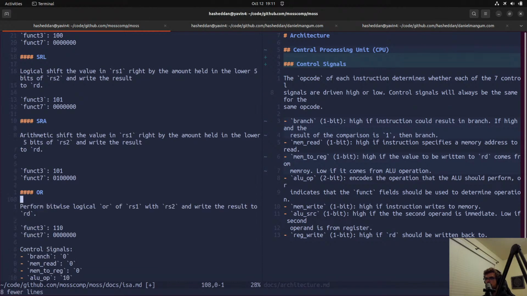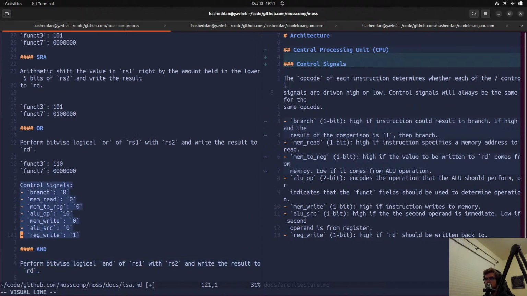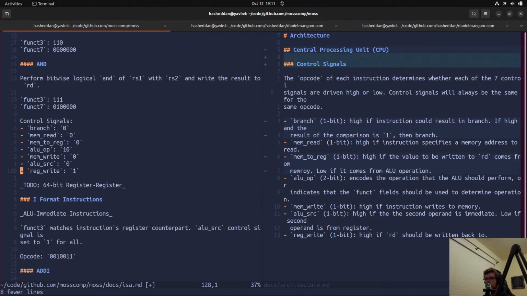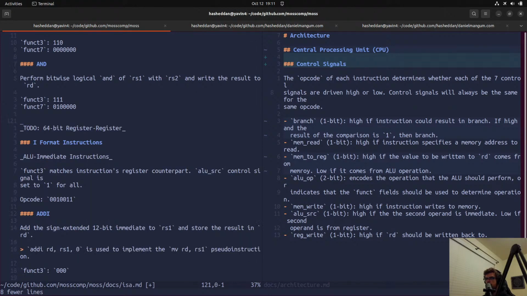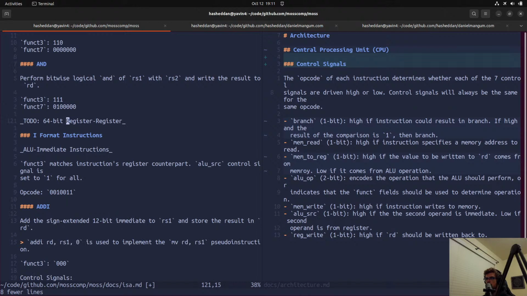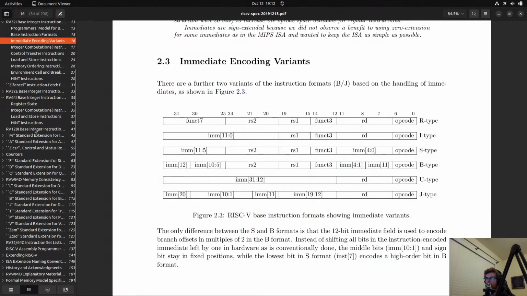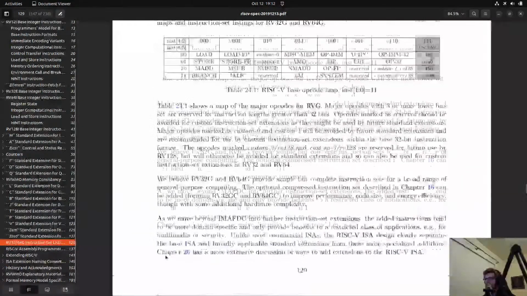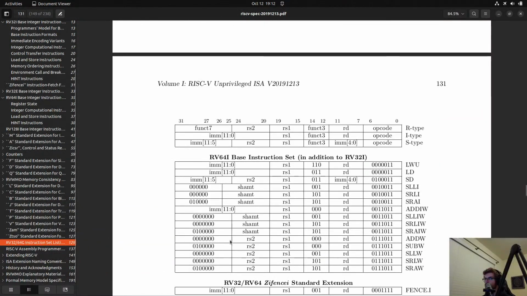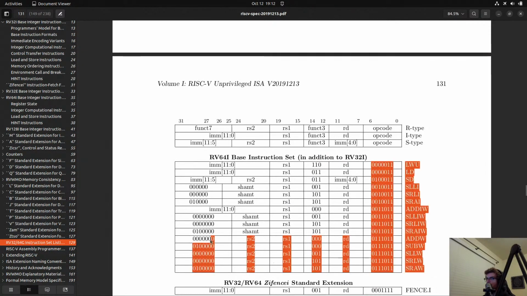When we look at the, let's see, I think the I instructions are up next, yeah. 64-bit register, yeah. So, okay, well, we also do need to include the 64-bit register instructions, which we can see here. So we do have some R format instructions down at the bottom here.